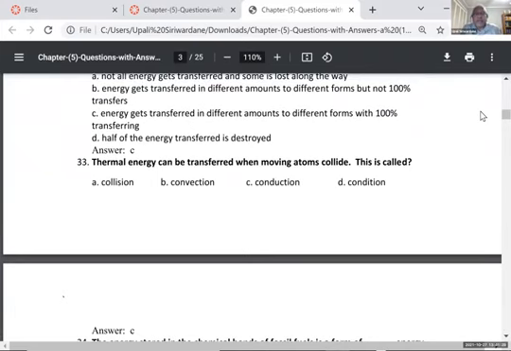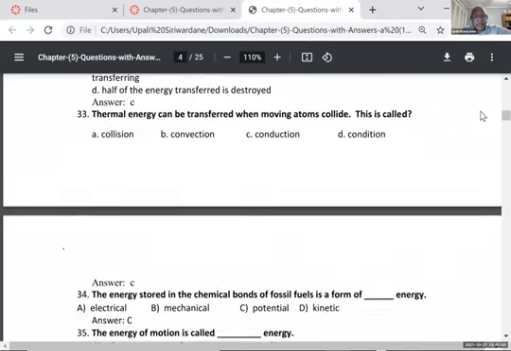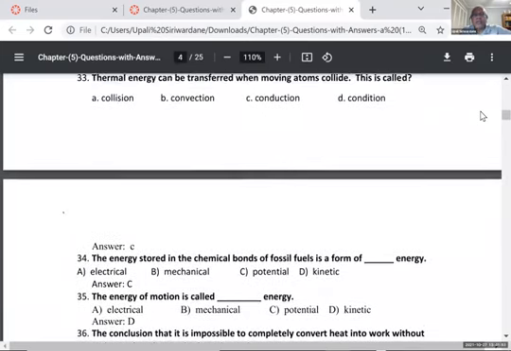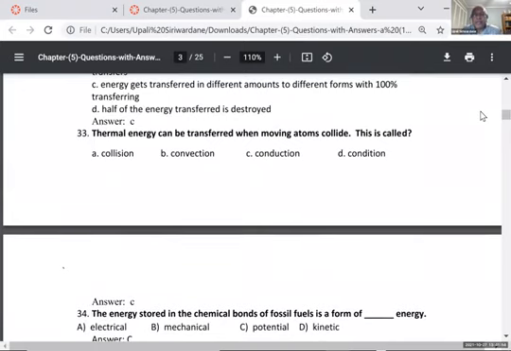Thermal energy can be transferred by moving atoms when moving atoms collide. What is that called? Moving atoms collide. Conduction. This is called conduction.